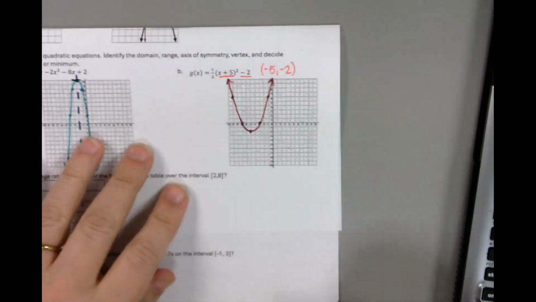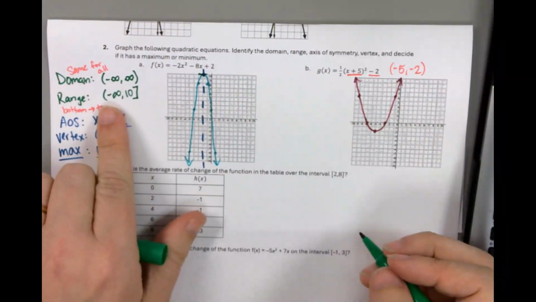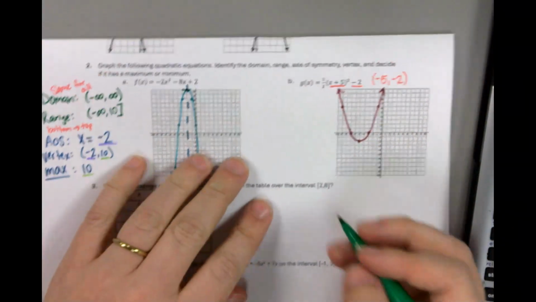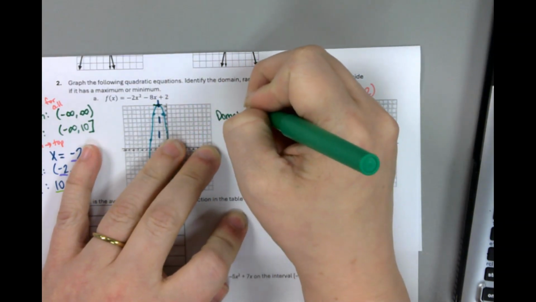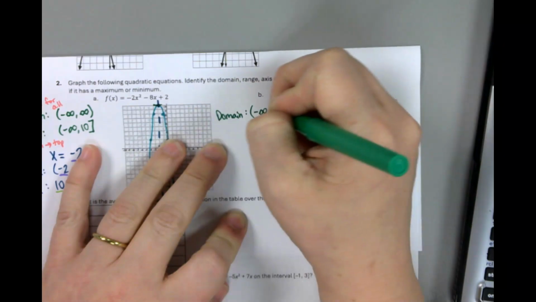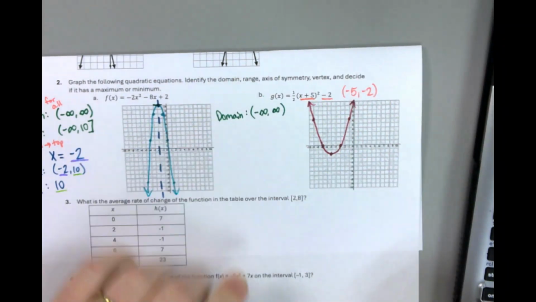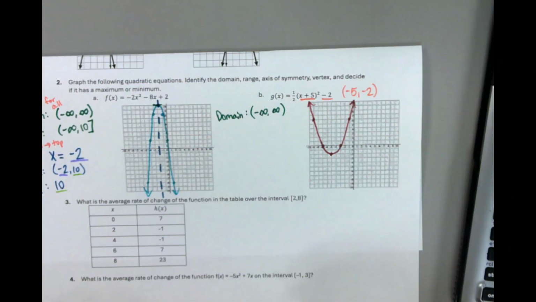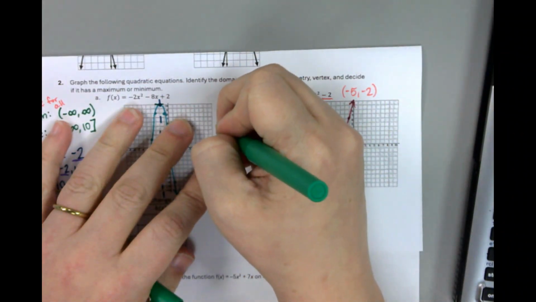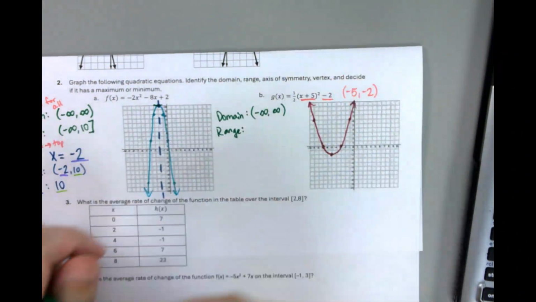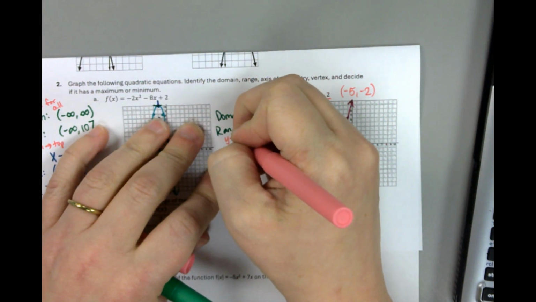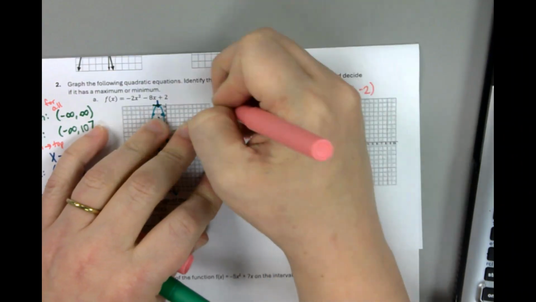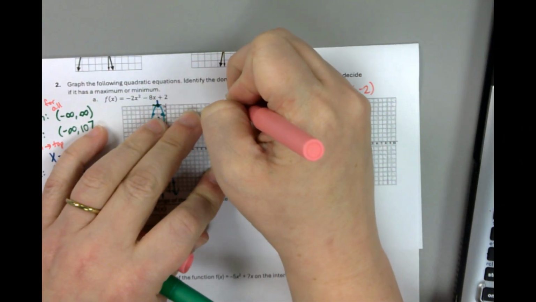Domain and range. Remember that the domain is the same for every quadratic. Domain is always going to be -infinity to +infinity. The range are all of my y values, just in case you forget that range is y values, domain are x values.